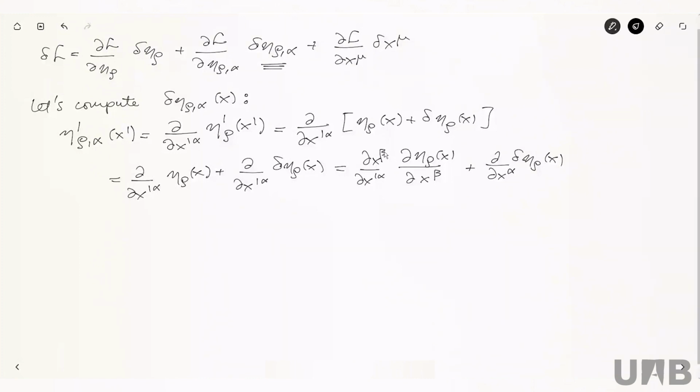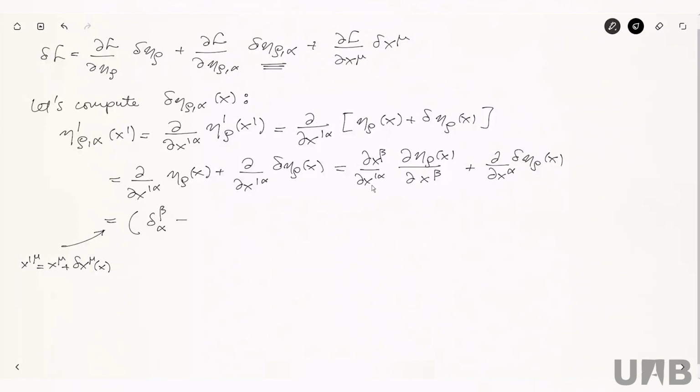Now I have this. Remember that the transformation as we defined it was x'^μ equals x^μ plus δx^μ, which depends on x. So here I have the derivative the other way around. So it's the inverse, right? That means that I have to write x as a function of x' and take derivatives. So this object here is δ^β_α, the first guy, minus, because I'm inverting, it's the opposite.